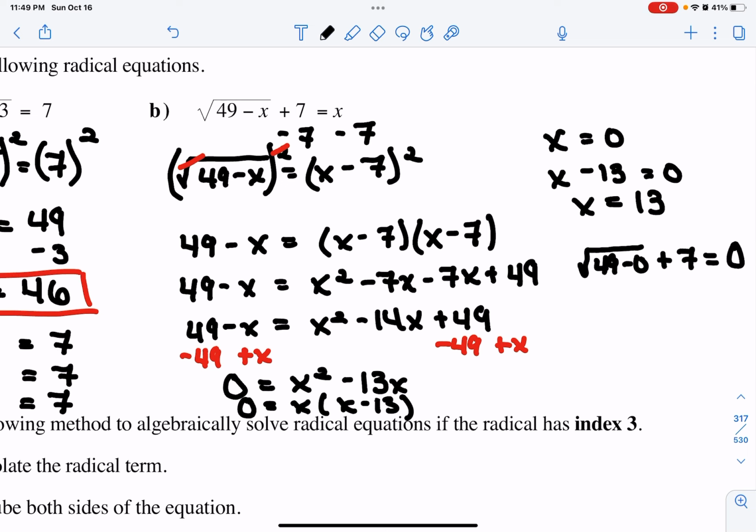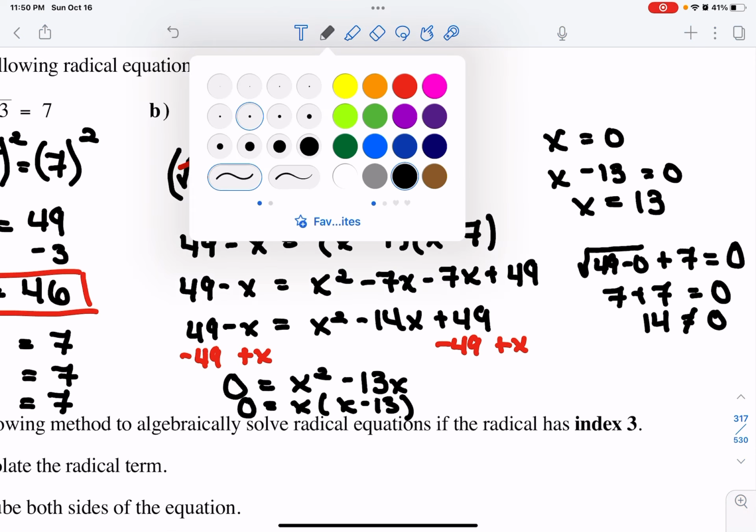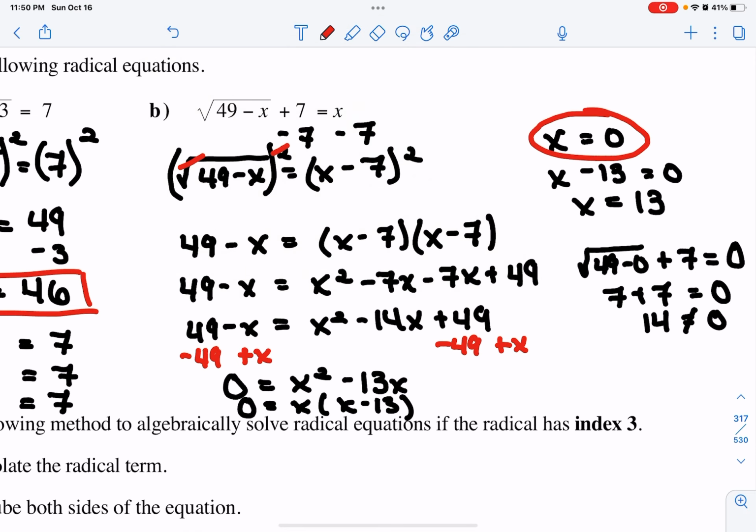So we have square root of 49 minus 0, or square root of 49, that's 7, plus a 7 is equal to 0. Does 14 equal 0? Definitely not. So this is not a solution. We know that now we can go back to our x equals 0, cross it out, and write extraneous.